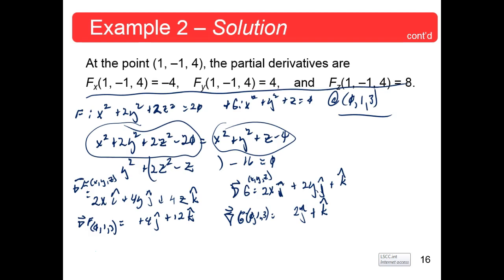So you don't want to set them equal to each other like I was about to think. That can't happen. But if you do a cross product between those two, you're going to have a vector that's perpendicular to both of these.